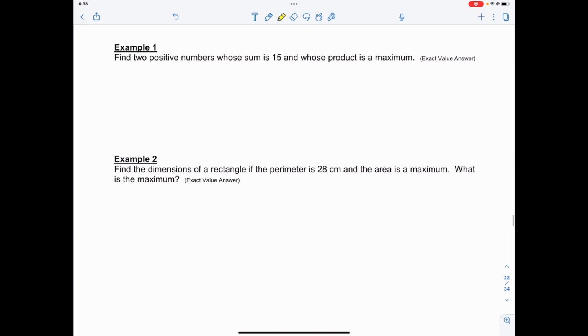So for the first example, it says, find two positive numbers whose sum is 15 and whose product is a maximum. So the first thing is we're going to define our numbers, and I'm going to let x and y be the two numbers.